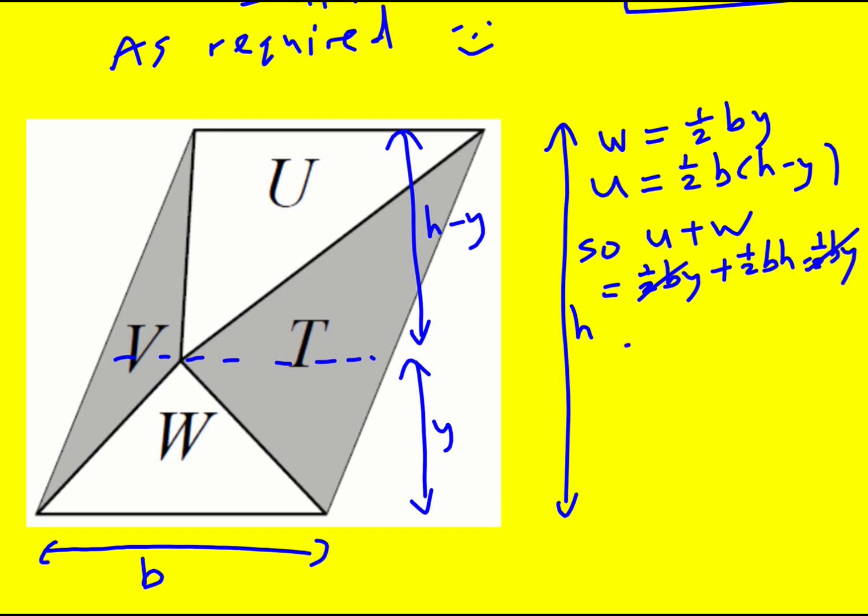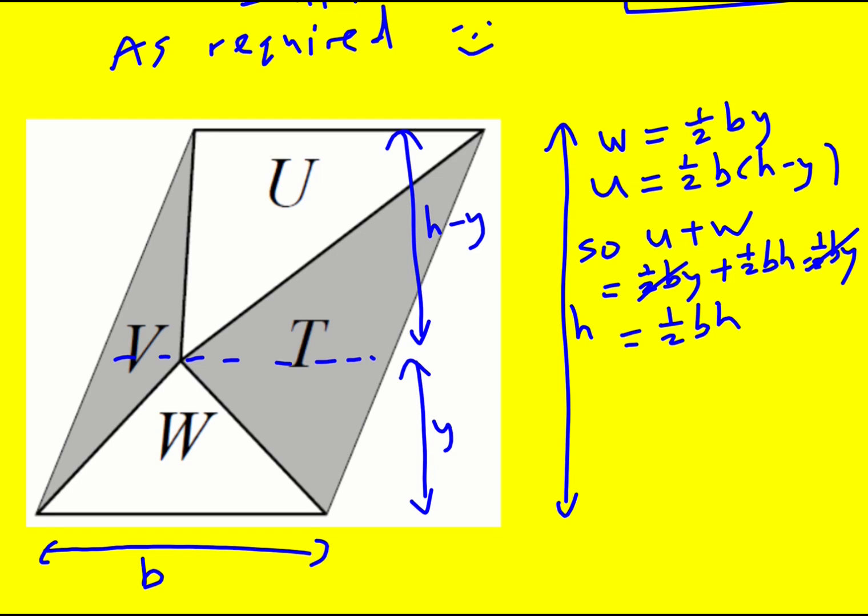So these are going to cancel, and we simply get a half base times height. The whole height is being used. You might think, oh, I could have done that straight away, but I feel like I've shown it, so I'm a bit happier to do it this way.